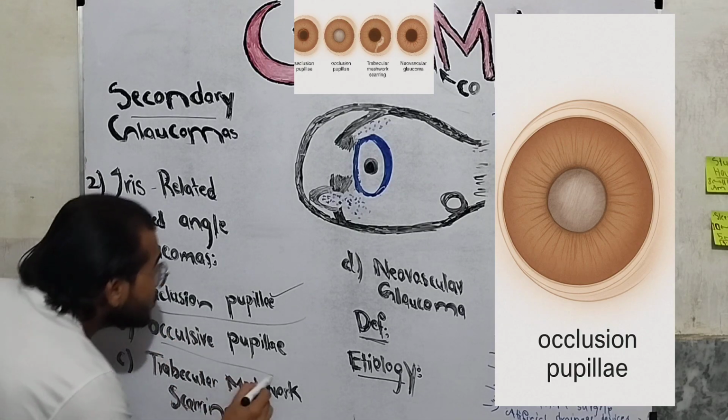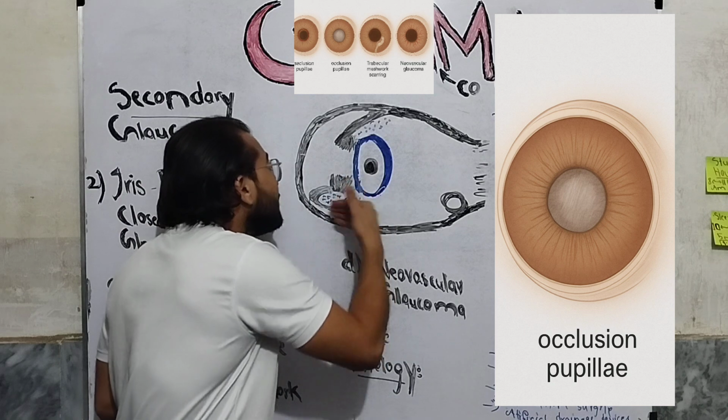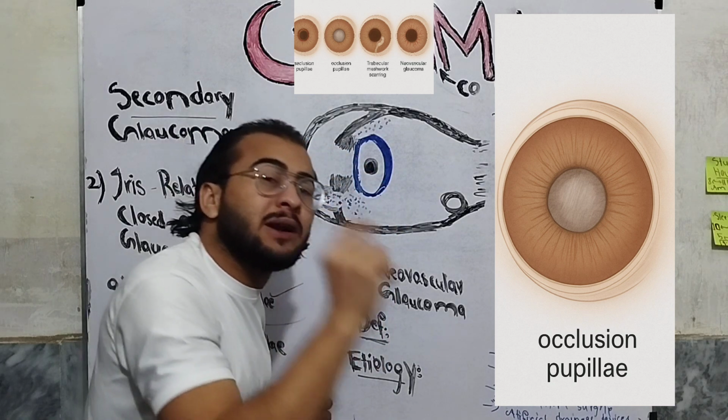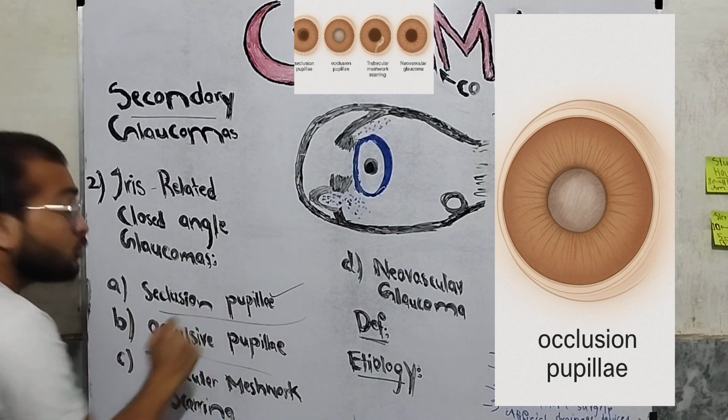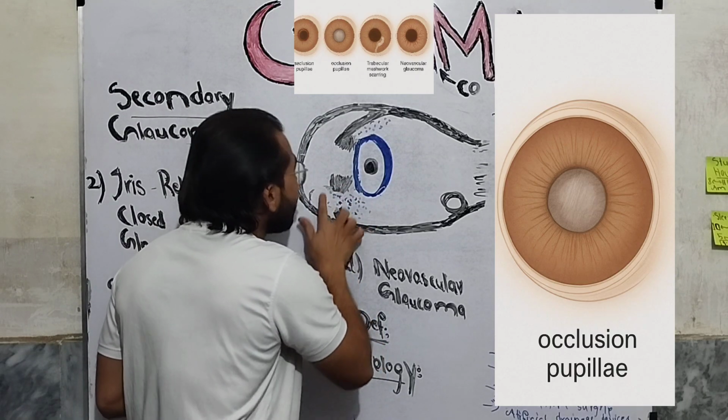Now we have occlusio pupillae. What is occlusio pupillae? The pattern of glaucoma is similar to seclusion pupillae, but the problem is different.